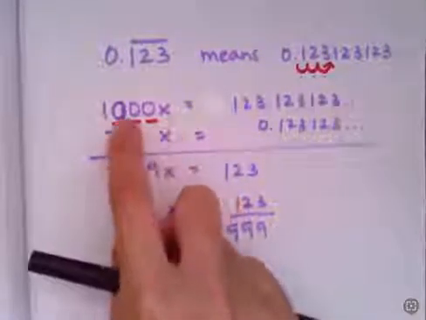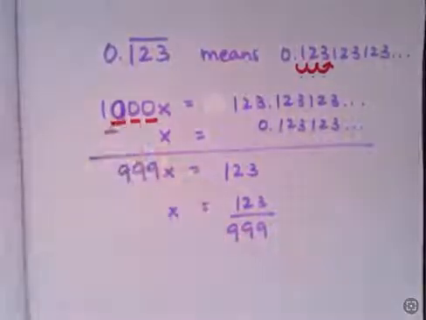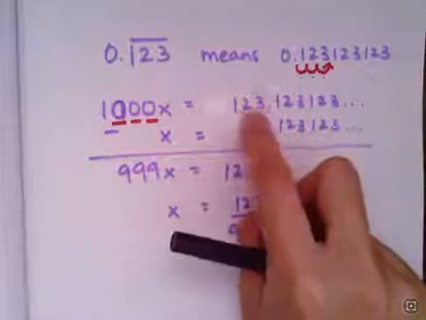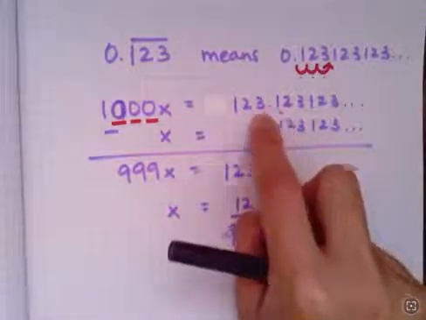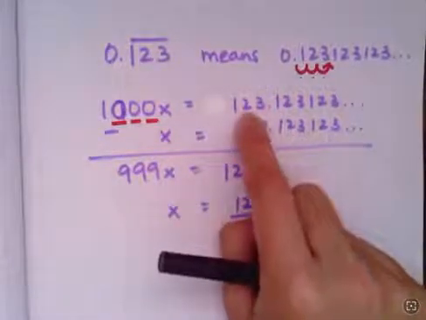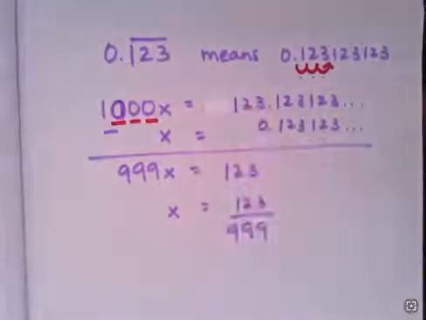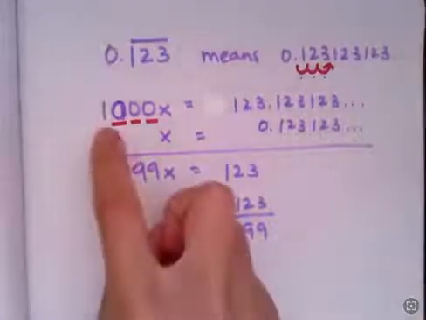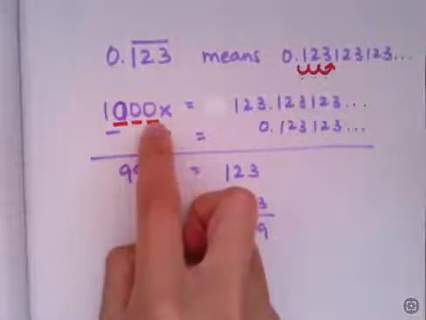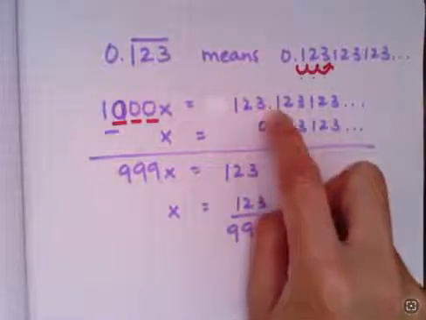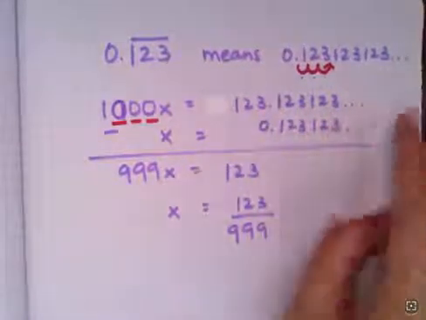If you can see, I kind of made that mistake in the beginning myself. So the reason why we do that is so that you have one set of the repeated pattern in front of the decimal point. And so you've separated 2 different sets of the repeated pattern. So 1000x would equal 123.123.123 forever repeating.